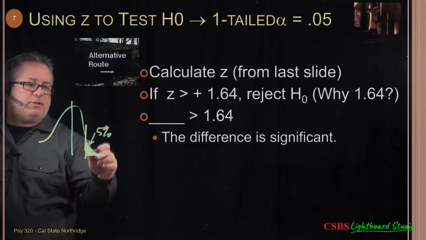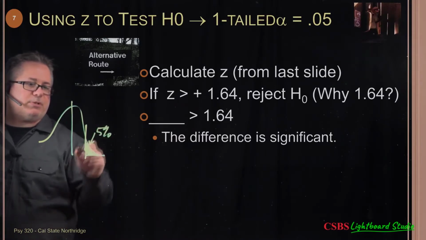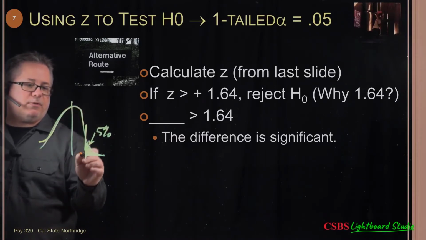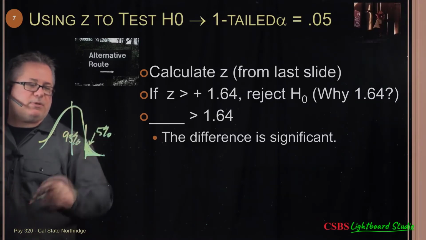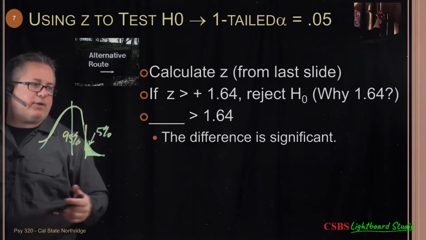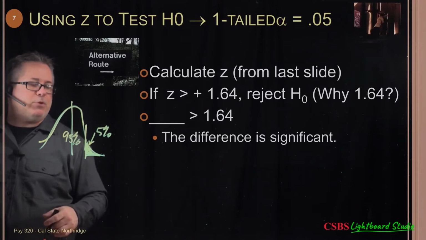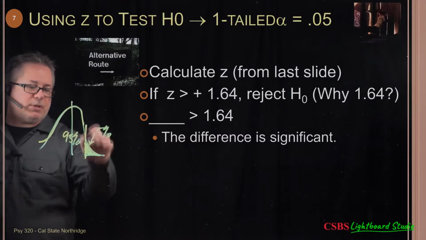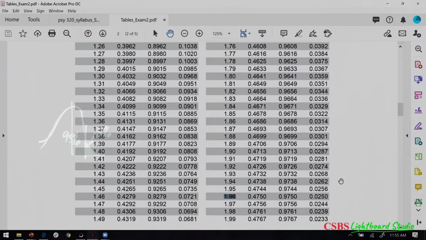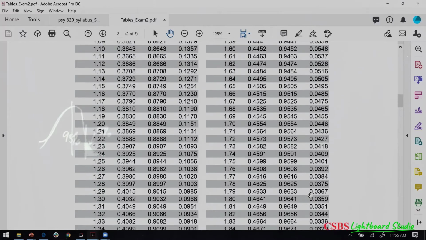That means this smaller portion corresponds to 5%. It also means the rest of this corresponds to 95%. So I can look up the larger portion of 95 or the small portion for 5. Either way, I need to find a z-score that corresponds to that number. Instead of 0.025, I need to find one that's 0.05.